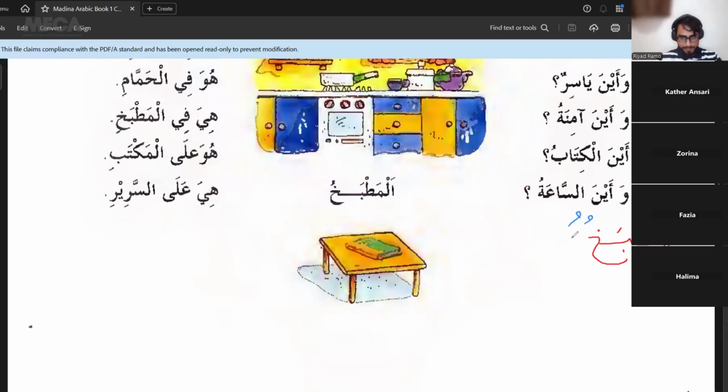A kitchen. Now, how do I say the kitchen? Al-matbakhu. Good.